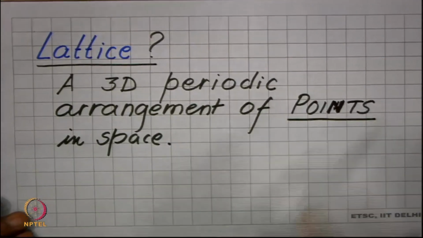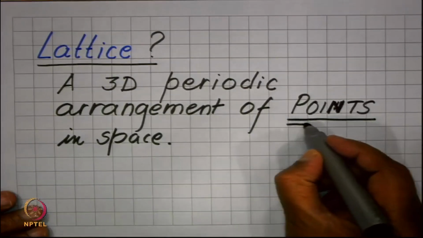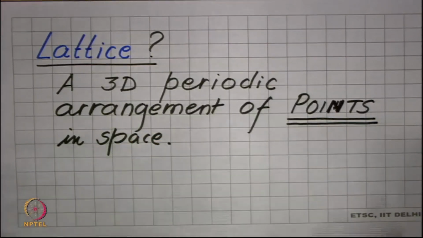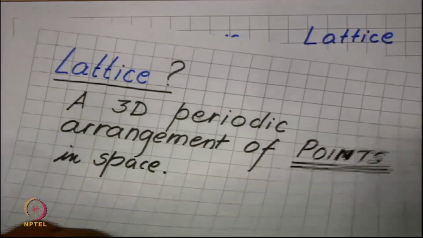So, the difference between crystal and lattice is whether the points are being considered or atoms are being considered. Otherwise, both are 3 dimensional periodic arrangements. This is the reason for confusion between these two concepts.